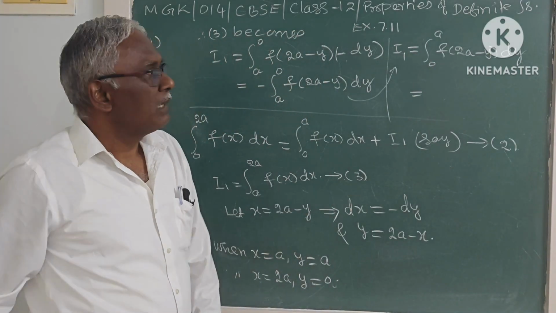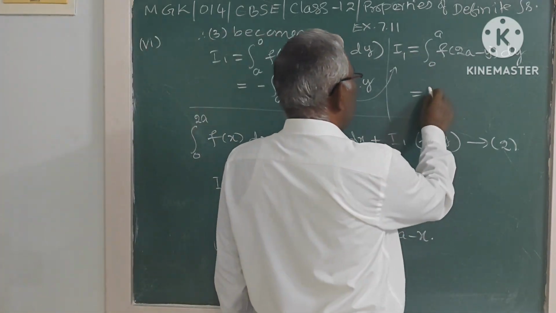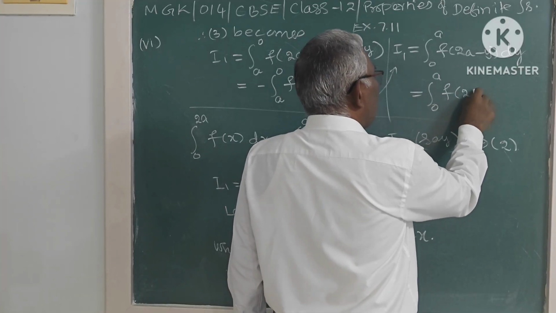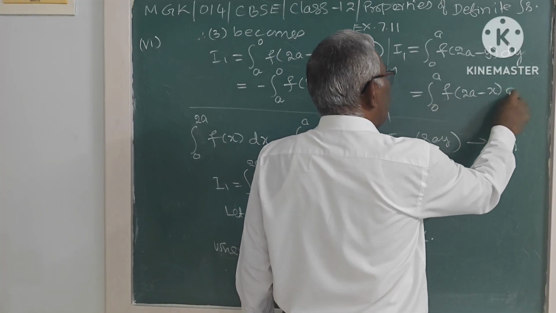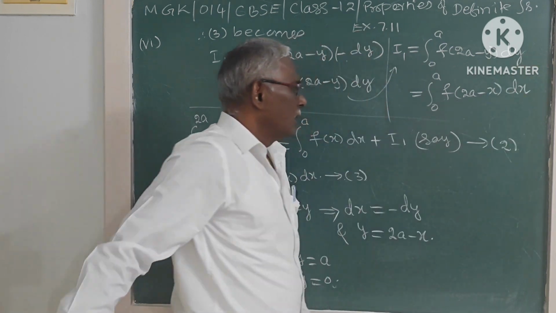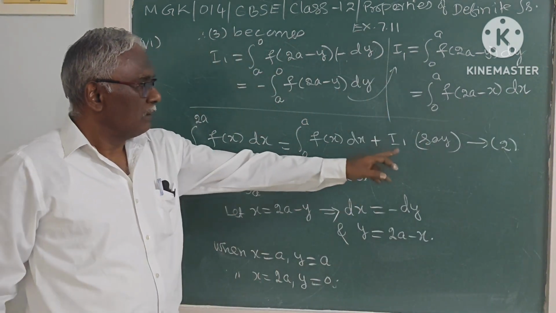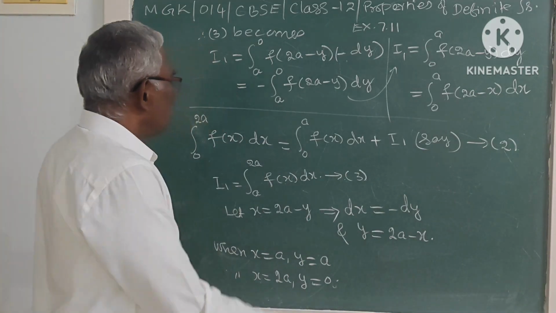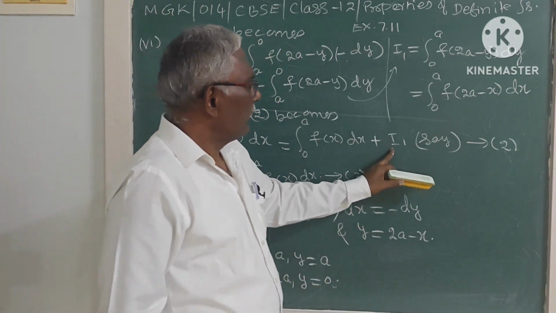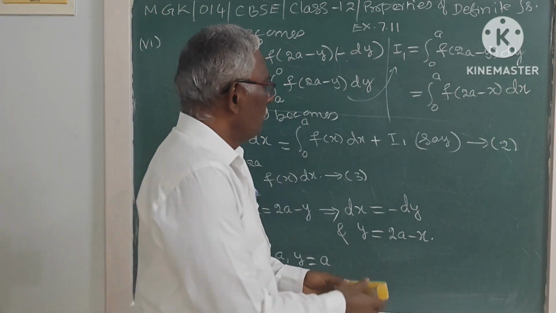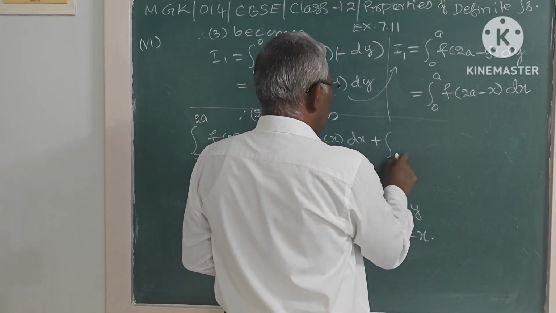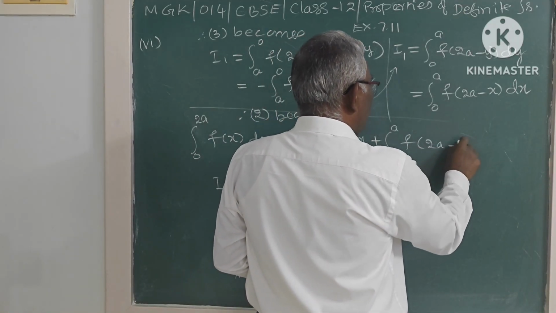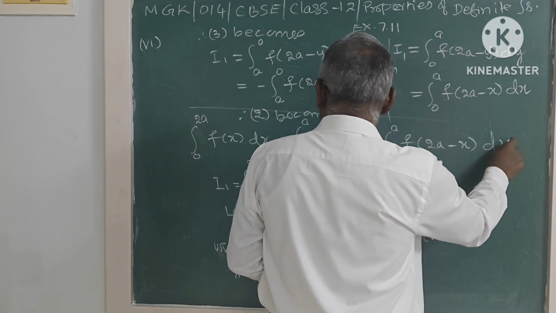Now we can change the variable y to x. So integral 0 to a f of 2a minus x dx. Therefore 2 becomes, for I suffix 1 I am going to write this value, integral 0 to a f of 2a minus x dx.